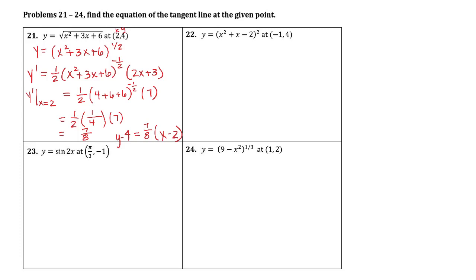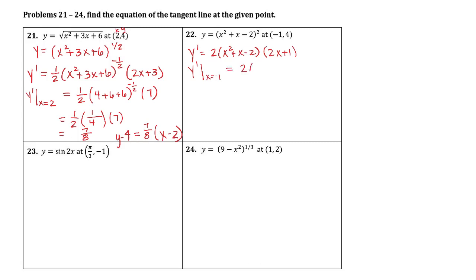Okay, so again, same process over here with 22. Let's go ahead and find our derivative. So we have 2 times x squared plus x minus 2 times the derivative of the inside, 2x plus 1. And then we need to find our derivative value when x equals negative 1.